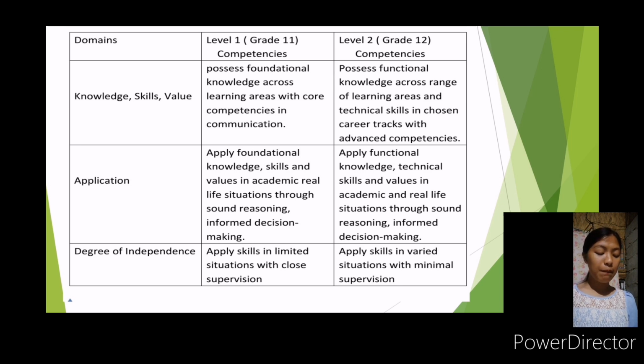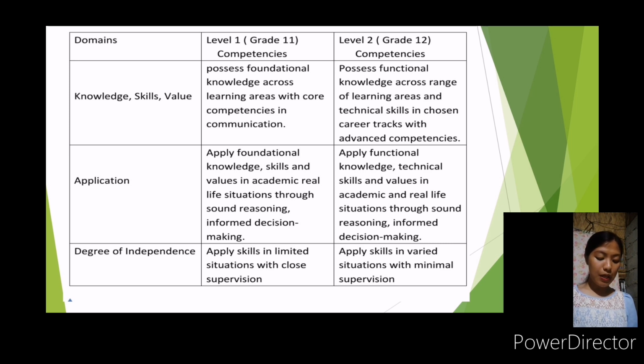In the second domain, application, level 1 applies foundational knowledge, skills, and values in academic and real-life situations through sound reasoning and informed decision-making. And level 2 applies functional knowledge, technical skills, and values in academic and real-life situations through sound reasoning and informed decision-making.